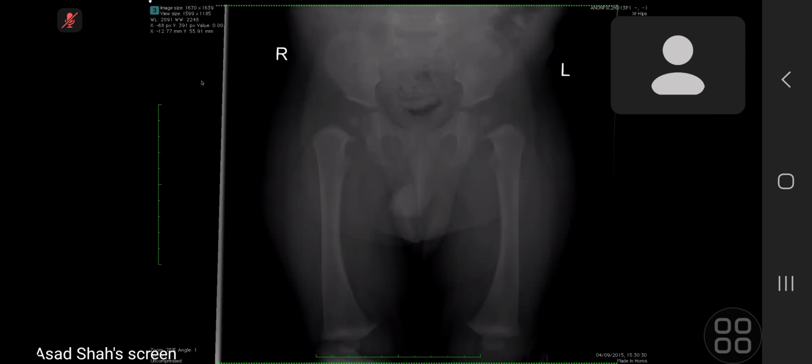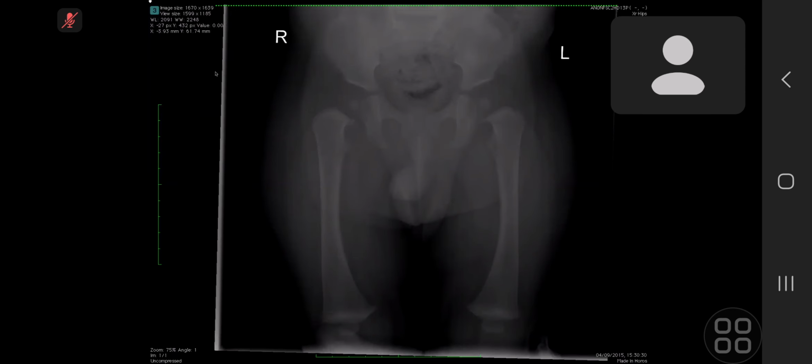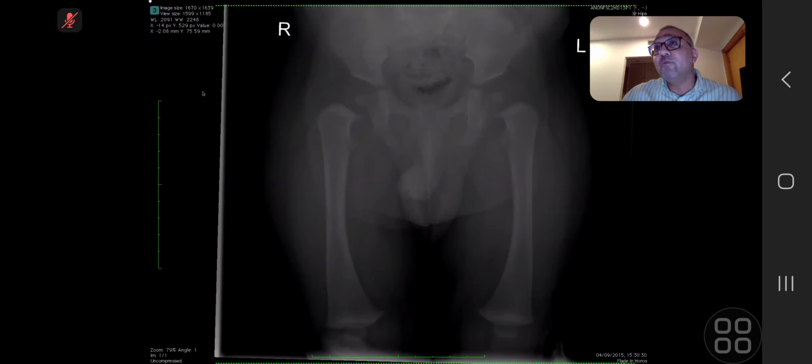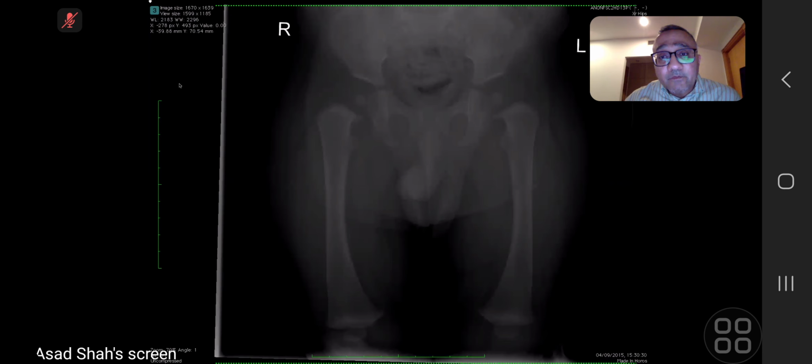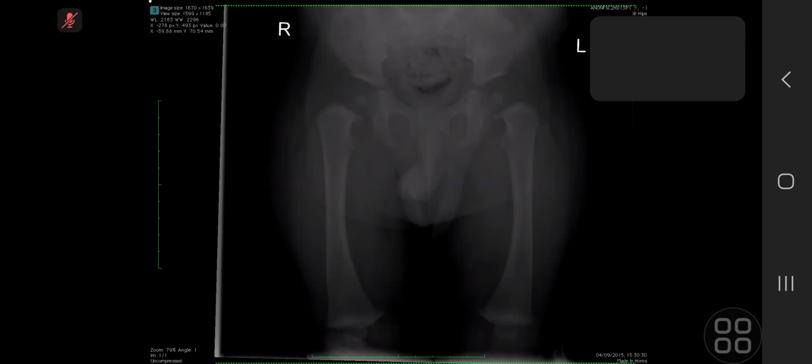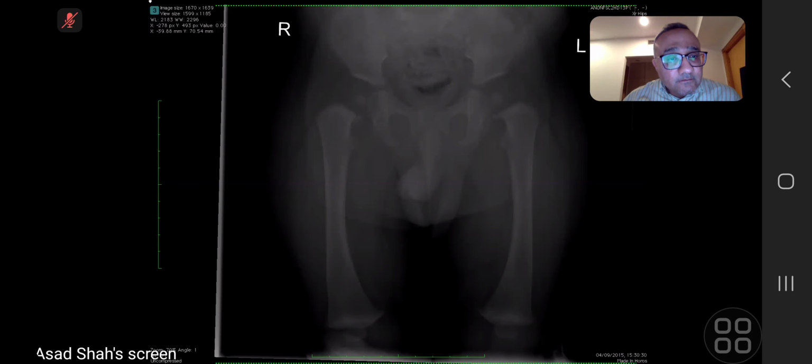Where, again, where do you normally look for metaphyseal corner fractures? At the ends of the femur. Right. Which ends? The distal end. Right.